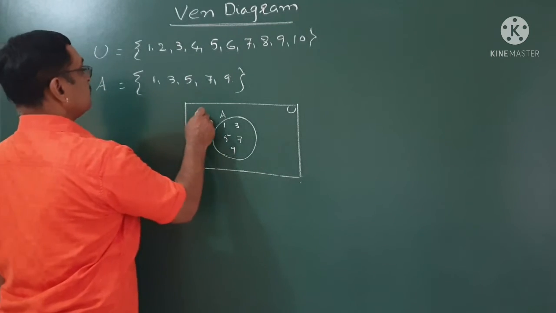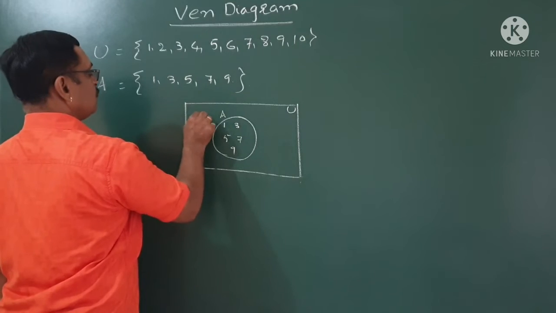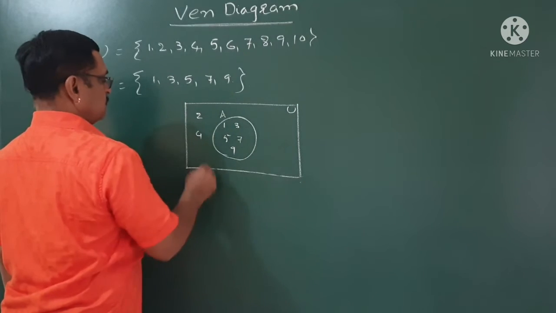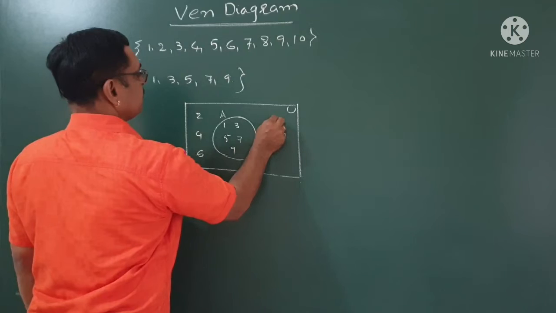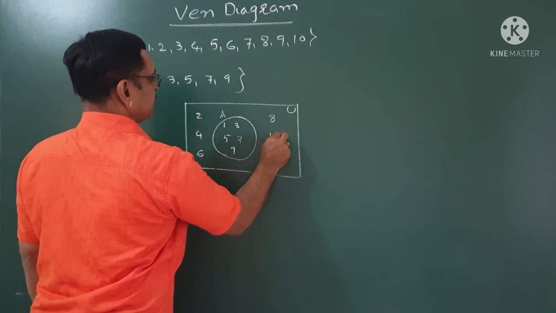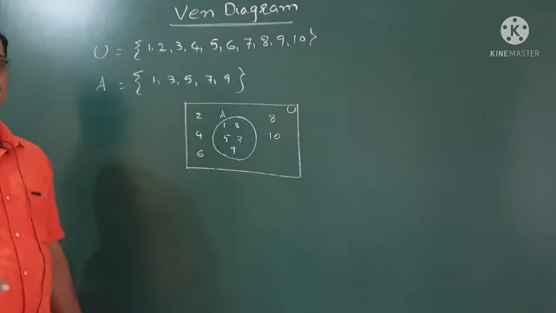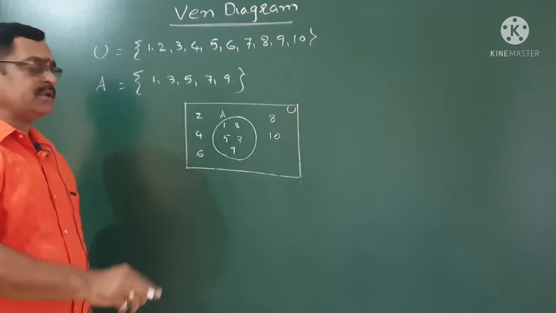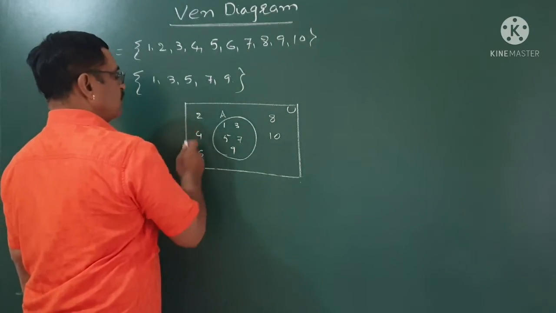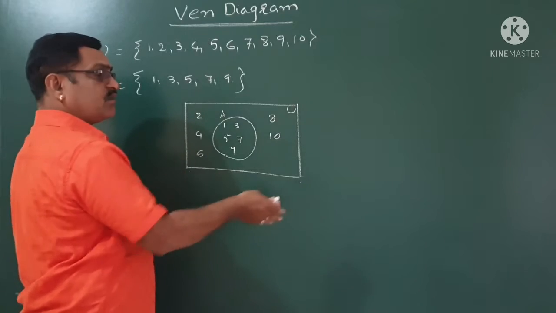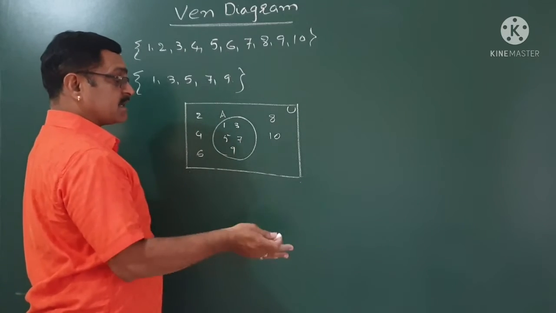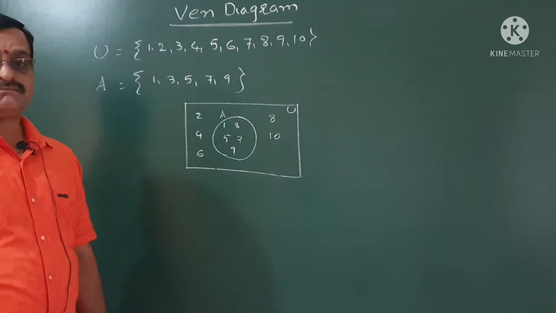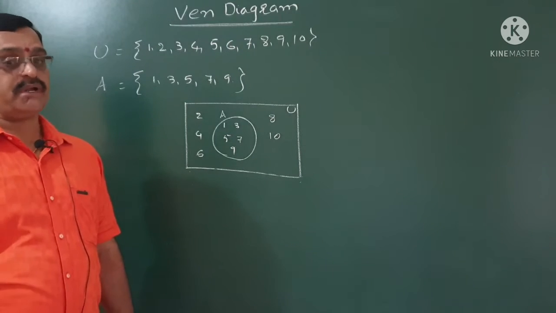What are they? 2, 4, 6, 8, and 10. There is no restriction for the place of the element. You can write all 2, 4, 6 on that side or this side, anywhere, but outside the circle and inside the rectangle. This is a very, very important point.